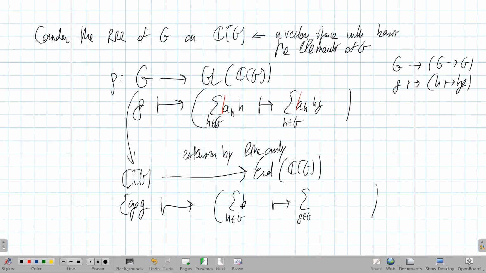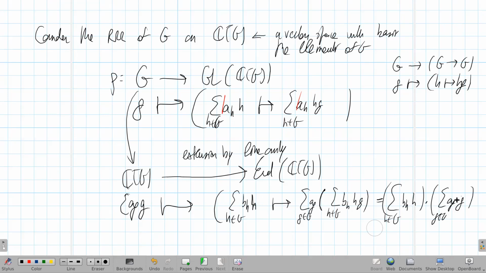And so this sends the sum of BH H to what? This is H, so it goes to the sum over H in G of BH HG. And if you look at what we have here, since the coefficients commute, this is nothing else than the product as defined in the group algebra of this element by this element.